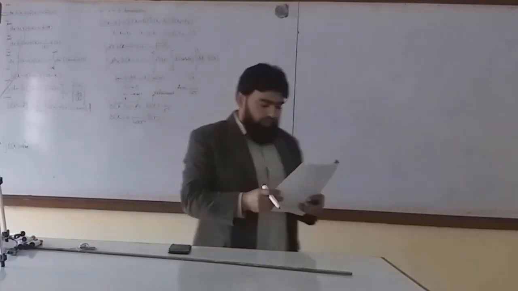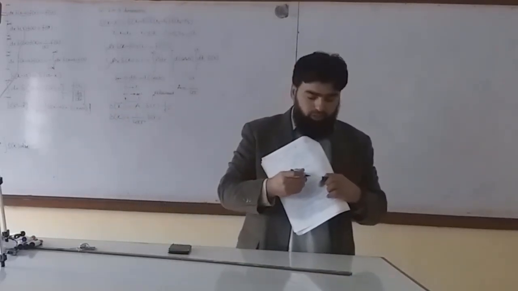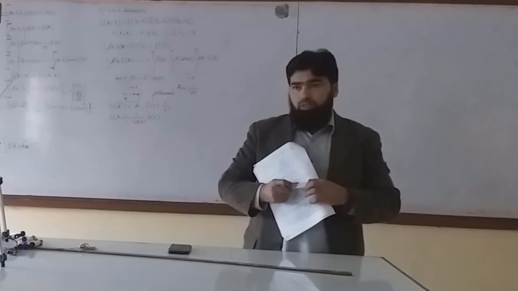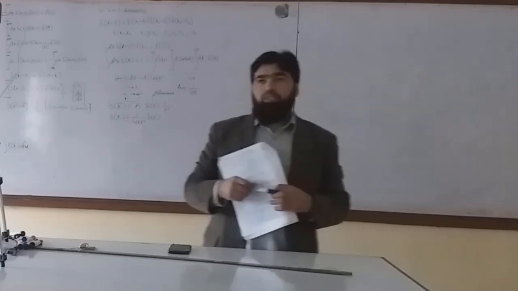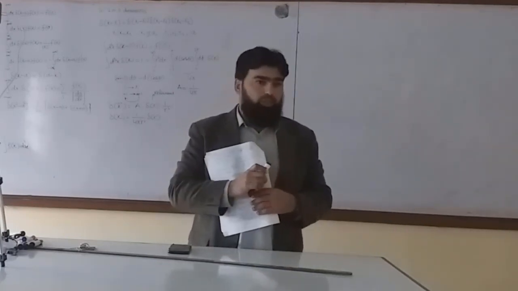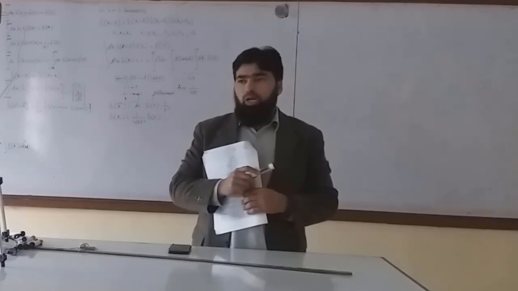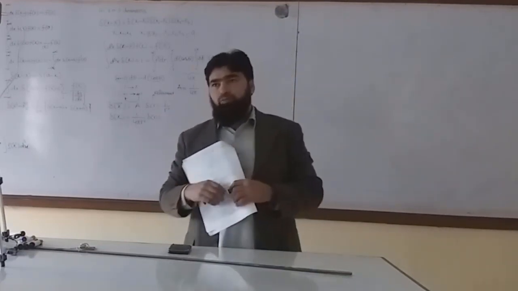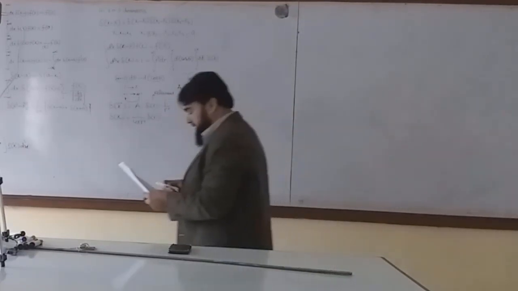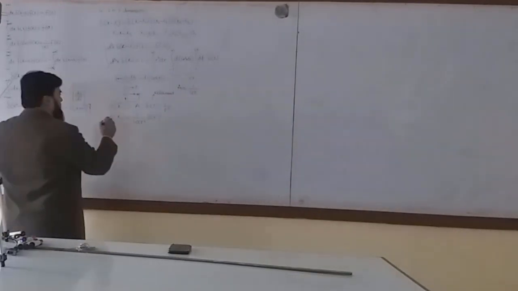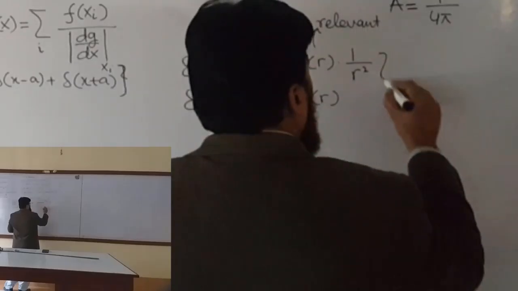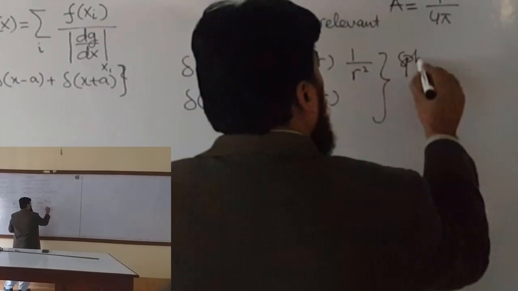And whenever you have proved this one, when there is a problem with the divergence, then the 1 over r squared divergence you have corrected with the delta of r. Similarly, this is in spherical polar coordinates.